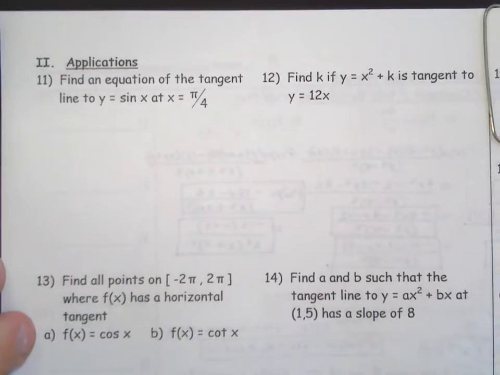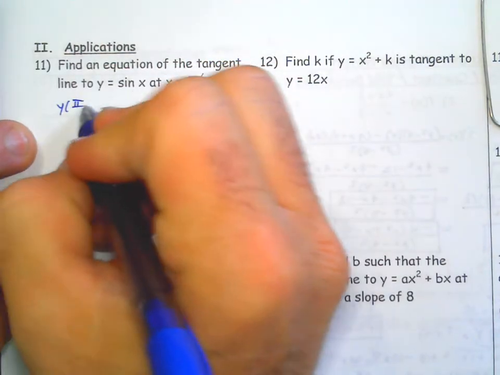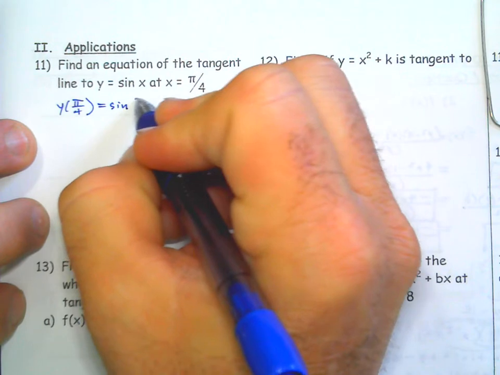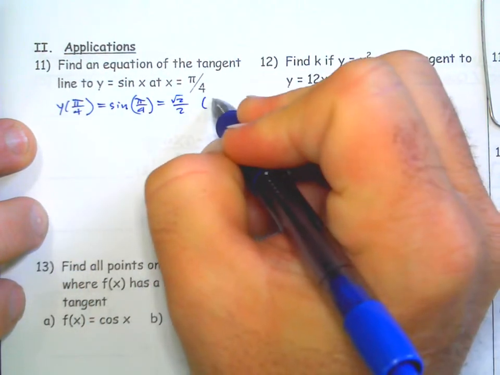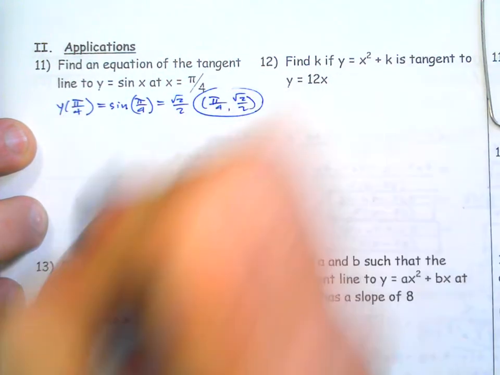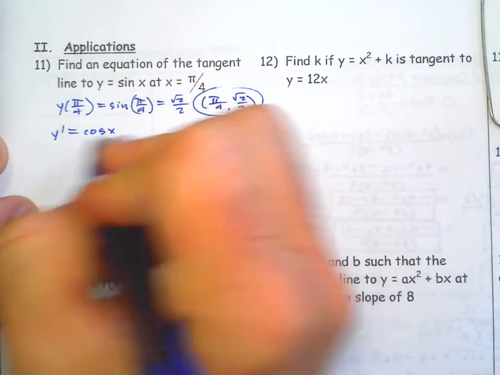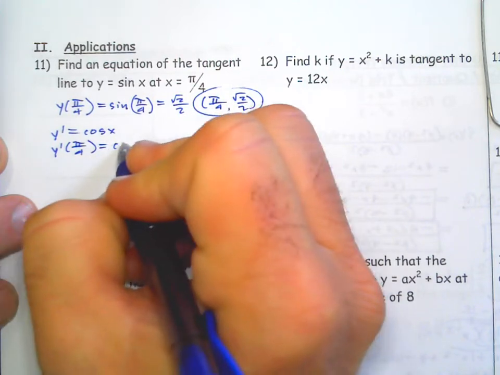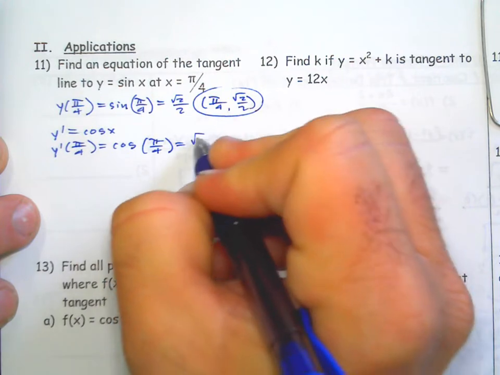Okay. Find the equation of a tangent line. All right, well, we need a point. So let's plug that into the equation. We've got the x, we need the y. So it's going to be root 2 over 2. So our point is going to be pi over 4, root 2 over 2. We need the slope, so we have to find the derivative, which is cosine x, and then evaluate the derivative at pi over 4, which is root 2 over 2.